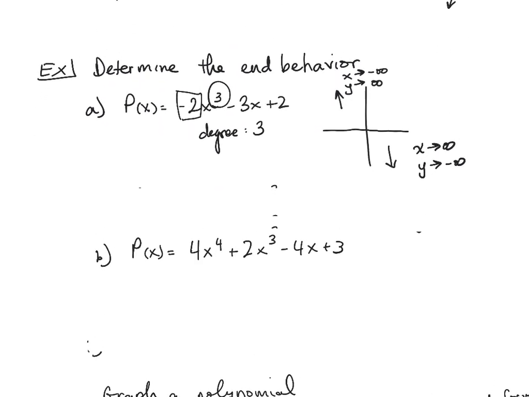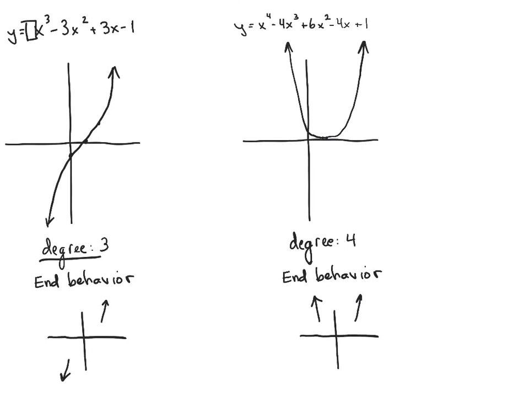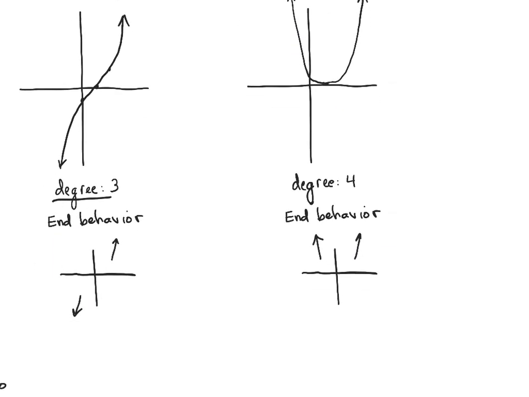With this one, it's a degree 4 because that's the highest exponent, and it has a positive leading coefficient, meaning it has not been reflected vertically. So a 4th degree polynomial has a graph that resembles this shape, particularly the end behavior.